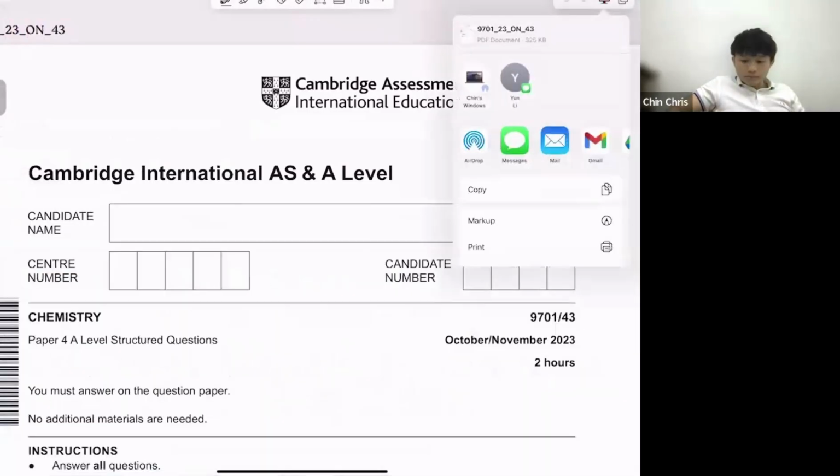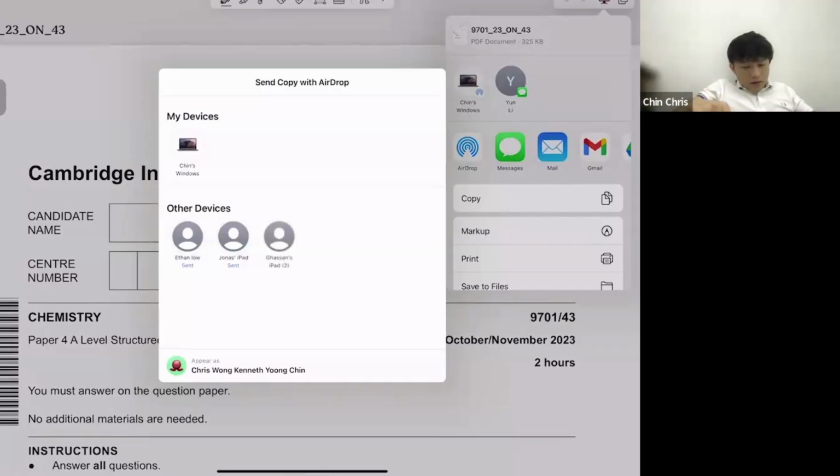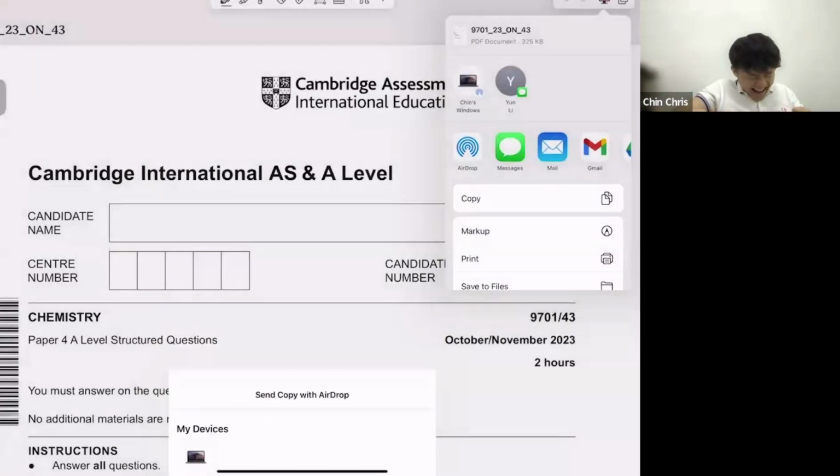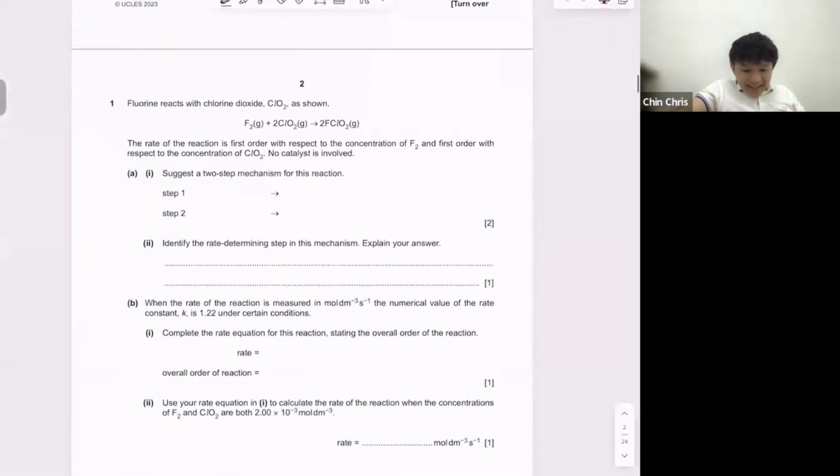You can add on your AirDrop. Bro, I like the name, bro. Year 5.